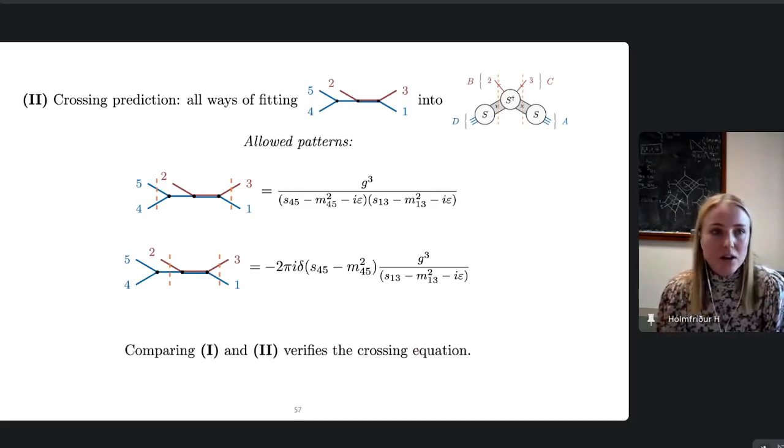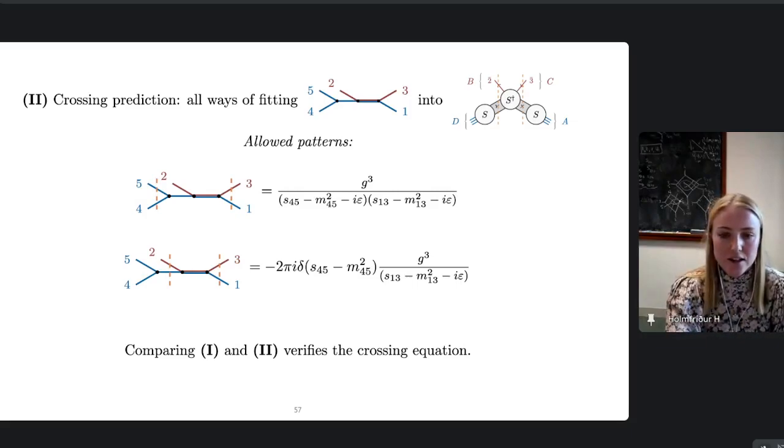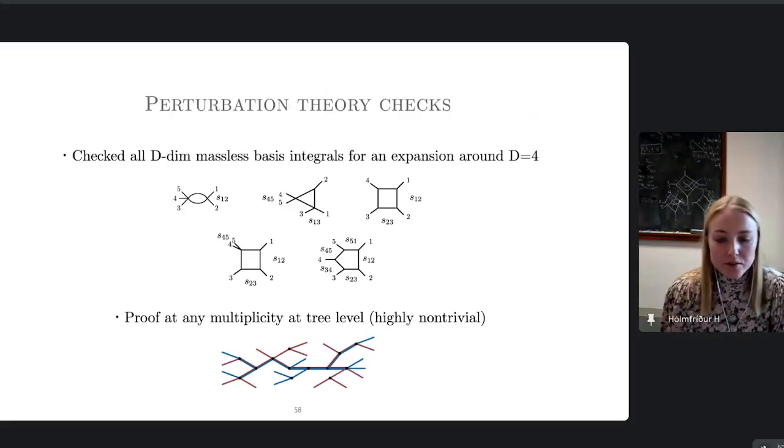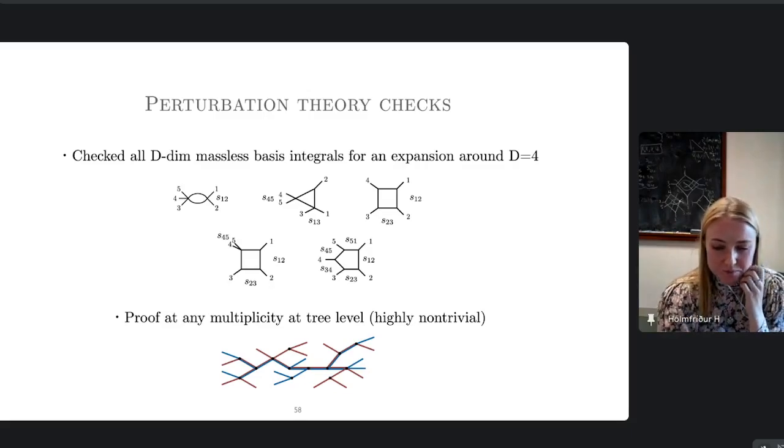But in any case, we can now compare what we had on the previous slide, which was doing the analytic continuation, and the prediction from the crossing equation. And we can verify the crossing equation for this example. And this is what we've done in more complicated examples. We checked basically all d-dimensional massless basis integrals for an expansion around d equals 4 for 5 points, which amounts to checking all bubbles, triangles, boxes, and pentagons.